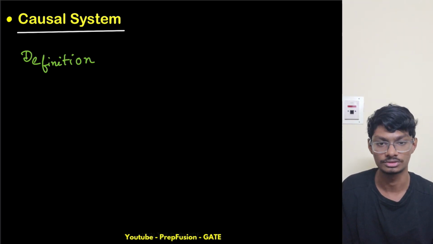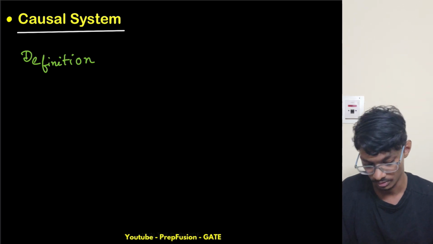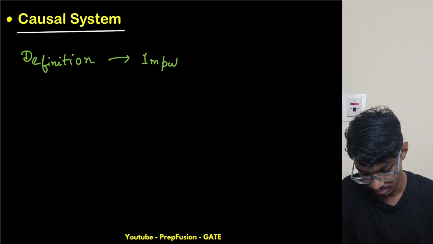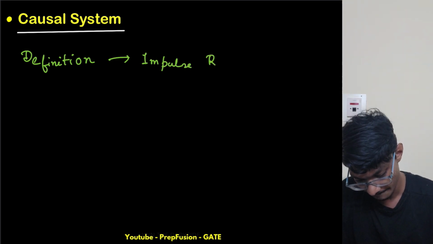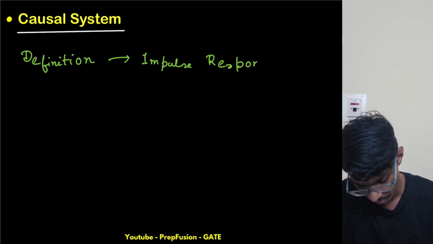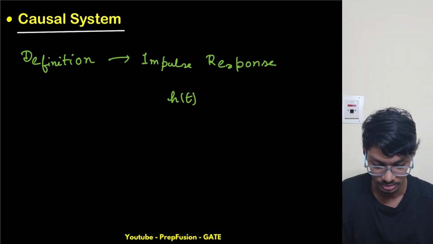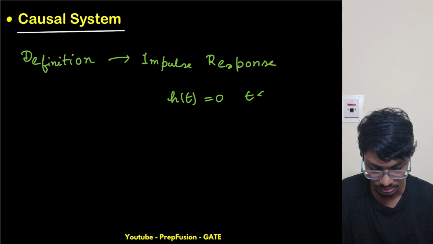Before t equals 0, the impulse response h of t should be equal to 0 for t less than 0.